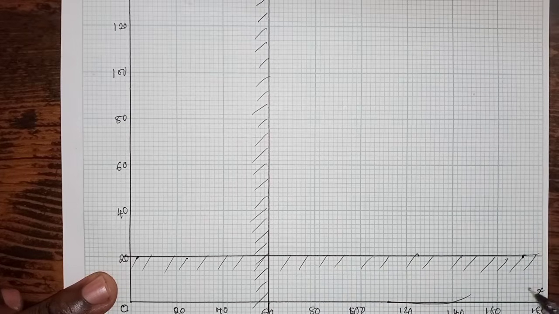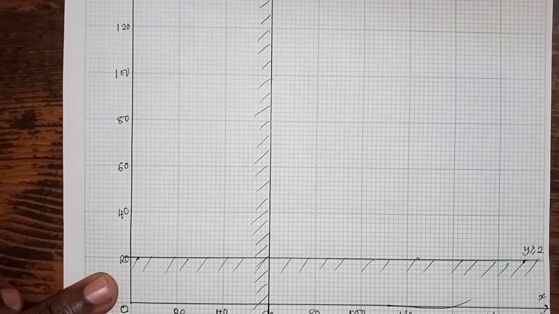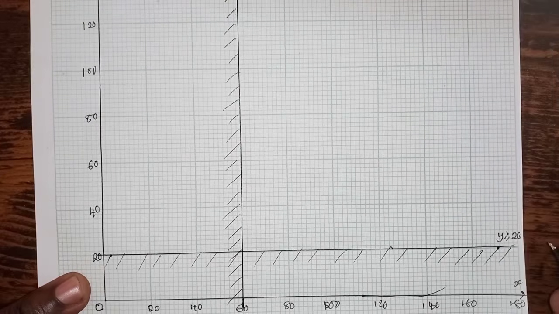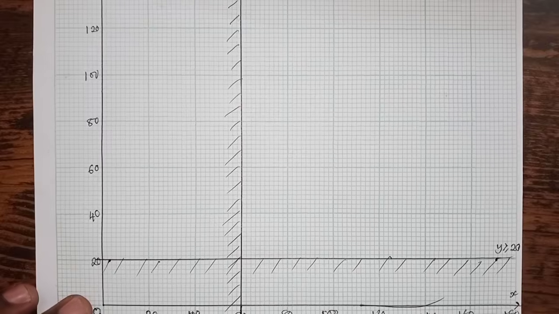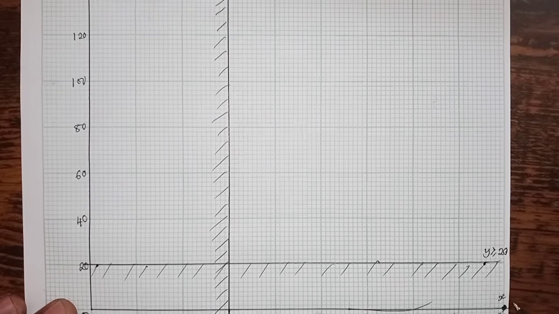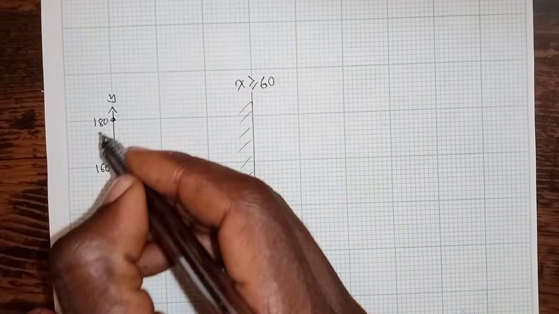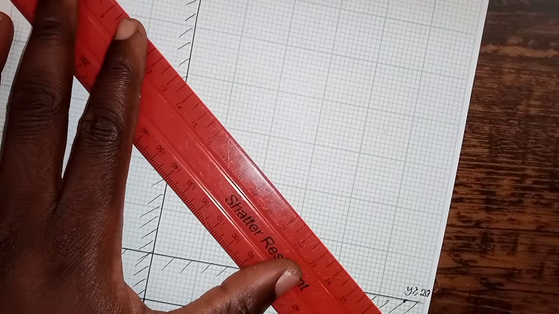We shouldn't forget to indicate that this is Y is greater or equal to 20. The next will be X plus Y is less or equal to 180. Since there are the two of them, we know that it's passing through 180 at this point, and it will pass through this other 180. So now our line will just be like this.